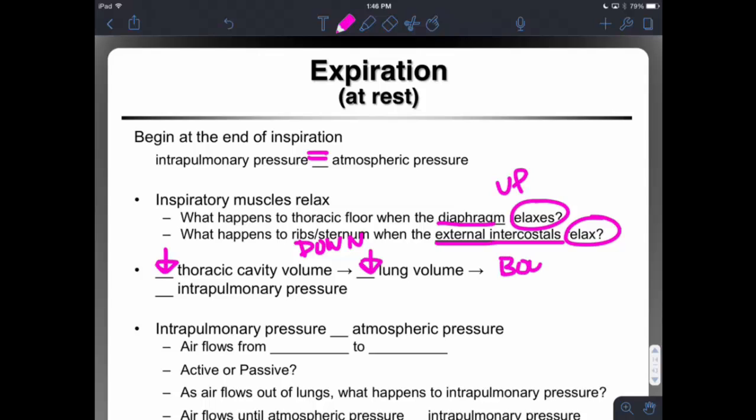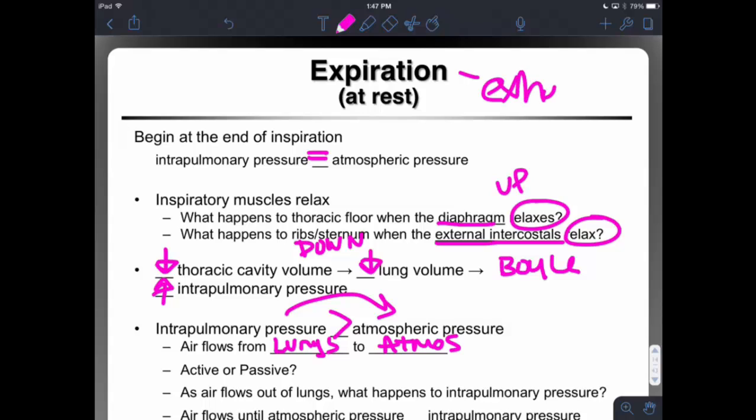According to Boyle, if lung volume decreases, intrapulmonary pressure increases. So now intrapulmonary pressure is greater than atmospheric pressure, which means air is going to move from the lungs out into the atmosphere. That's expiration. That's how we exhale.